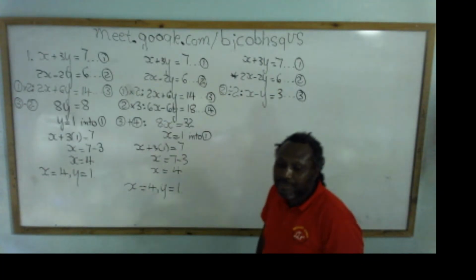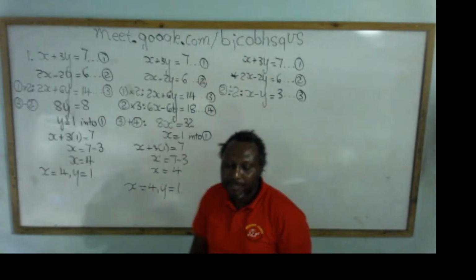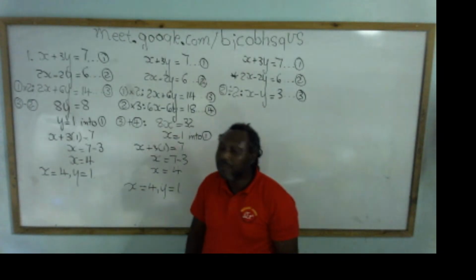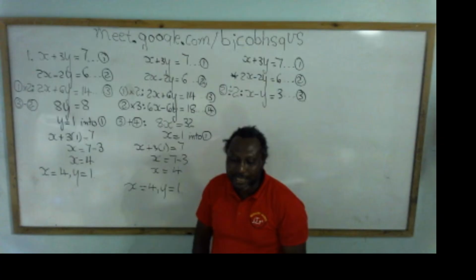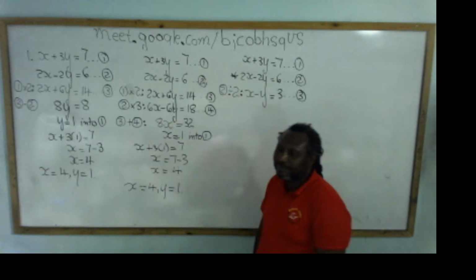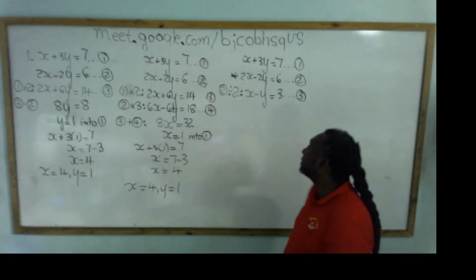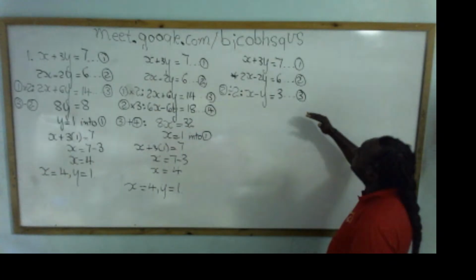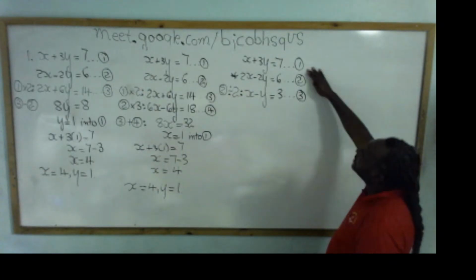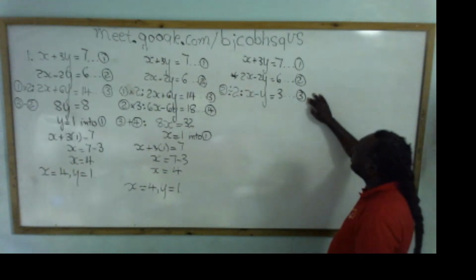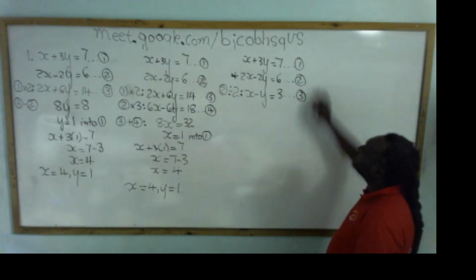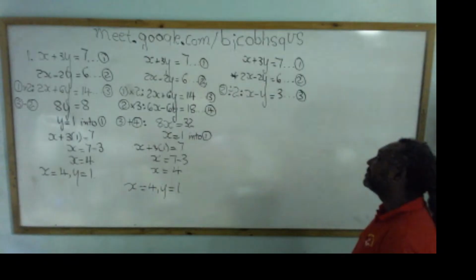They are identical. Because they are identical, we will subtract. We only add when we have additive inverses. So let us subtract. Do we say equation 1 minus equation 3, or equation 3 minus equation 1? So that's a lovely question.